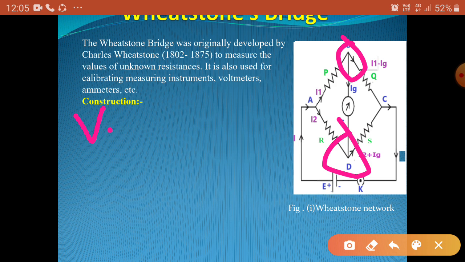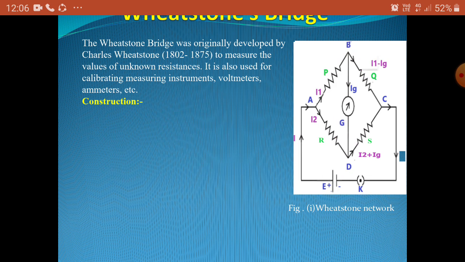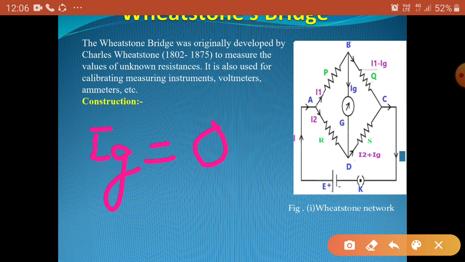When this condition is carried out, that means the potential at point D must be equal to the potential at point B. At this moment, these two points B and D act as equipotential points. That's why the current passing through the galvanometer is equal to 0. That means current flowing through the galvanometer must be 0.